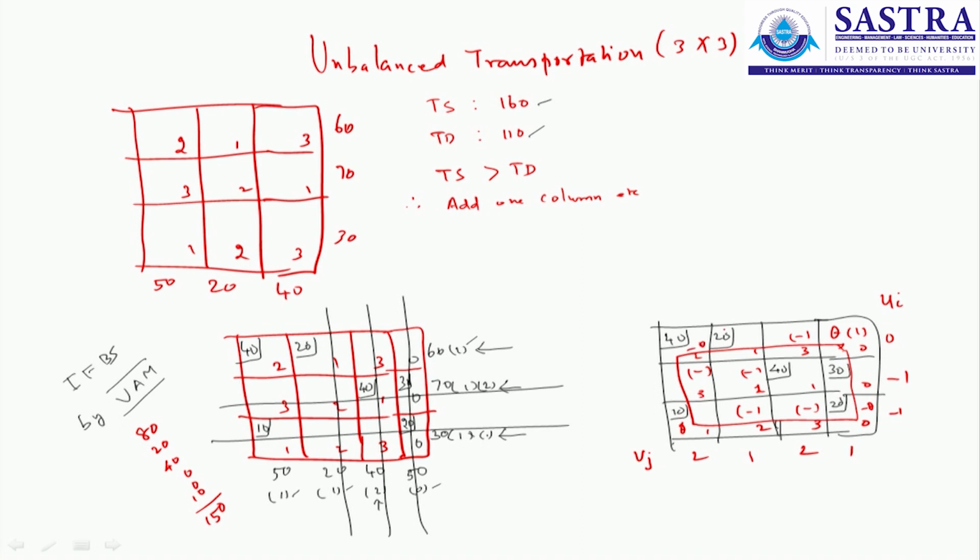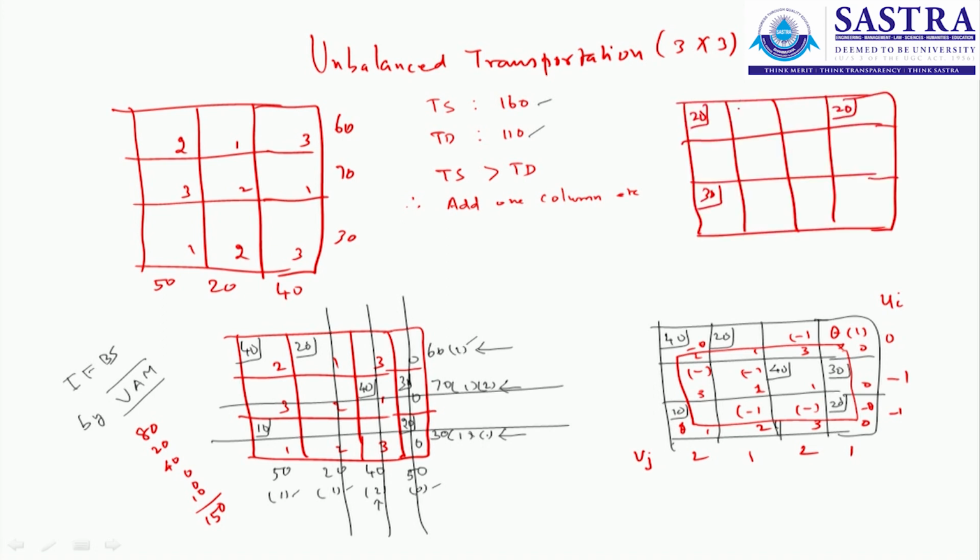Now, the minimum of the minus theta cells is 20. We have to shift this with the help of these 20. The other cell allocations remain the same: 20, 40, 30, 40, 30.